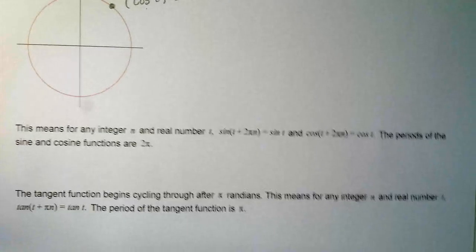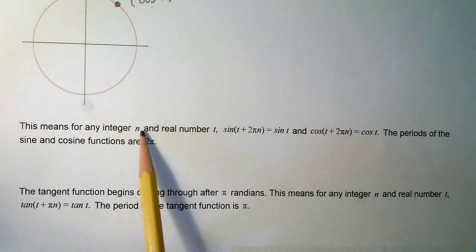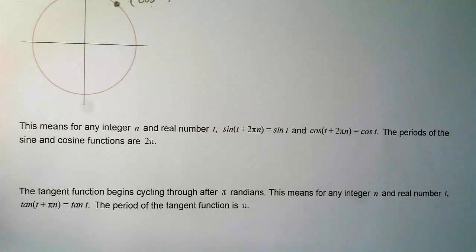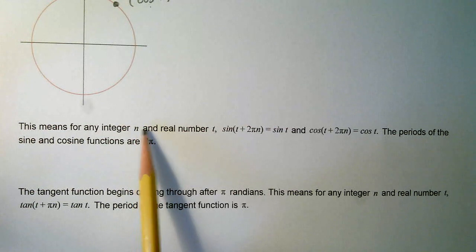And in fancy math speak, this means for any integer n. Remember, integers are -2, -1, 0, 1, 2, and it keeps on in the negative direction and in the positive direction. So basically it means non-fractions in plain English, right?